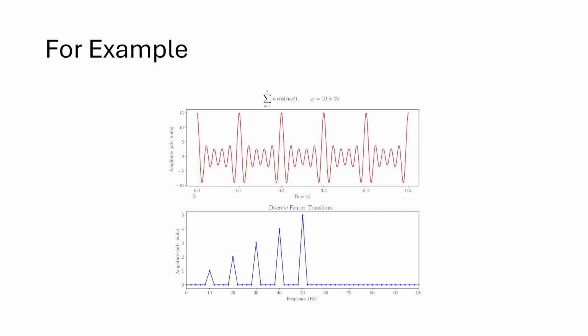So if, for example, you were to look at what the output looks like from a discrete Fourier transform, these are the sorts of things that you see. This original signal is just cosine of 10x plus cosine of 20x plus cosine of 30x, 40x, 50x. And so what you would expect in the continuum problem is that you would get delta functions at 10, 20, 30, 40, and 50. Those are the only frequency components of this signal.